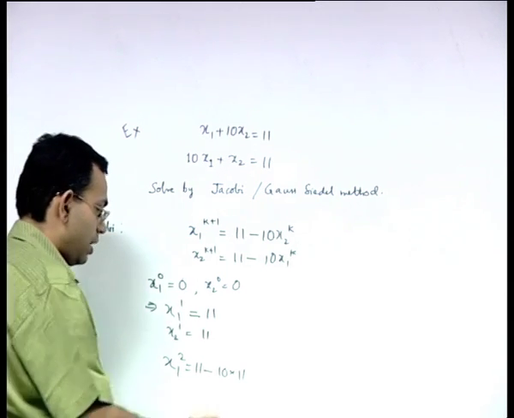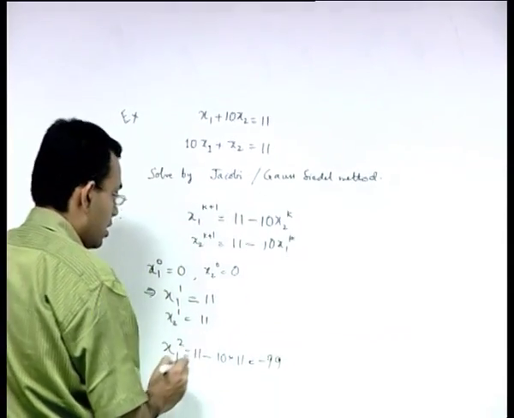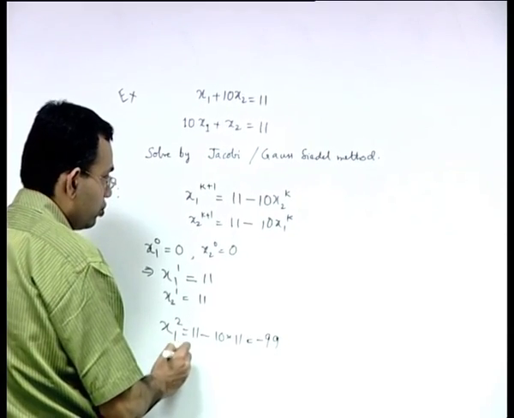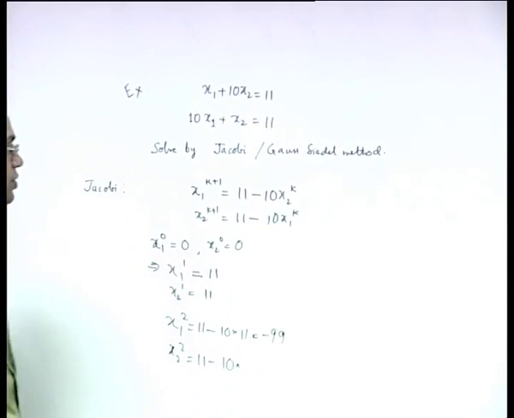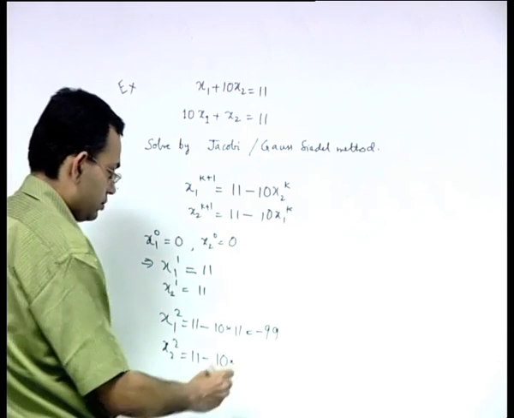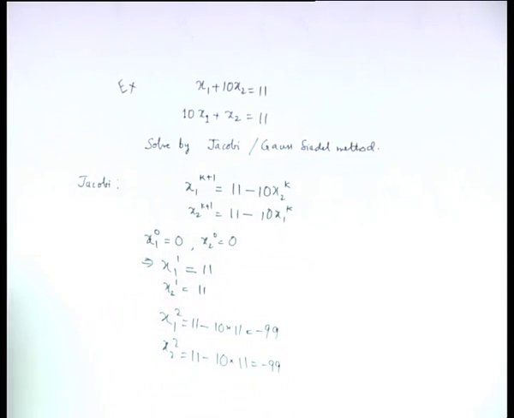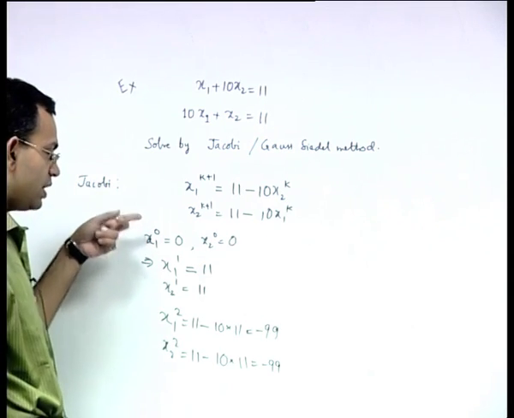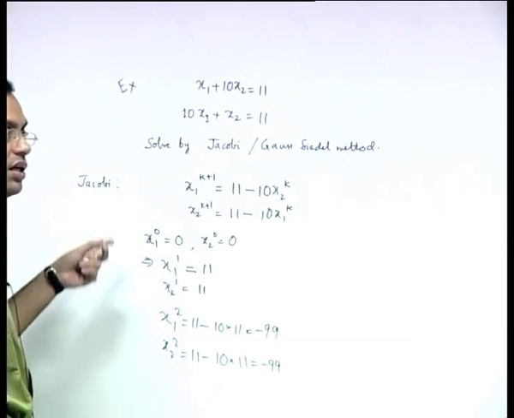So, minus 99. x2 2 is 11 minus 10 into x1 1, that is minus 99. Let us not go further into these steps; this gives us enough insight that it is diverging.